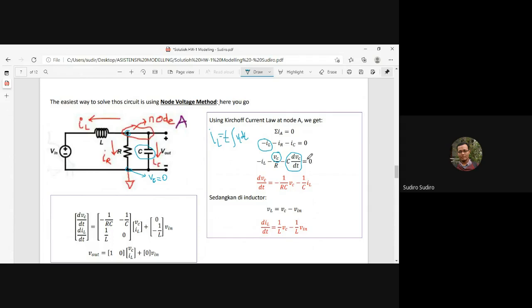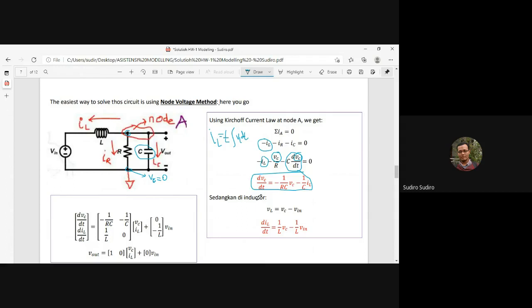With this equation, we can determine that the states are IL, the current through the inductor, and Vc, the voltage across the capacitor. Then we can write dVc over dt is equal to minus 1 over RC multiplied by Vc minus 1 over C multiplied by IL, like this.